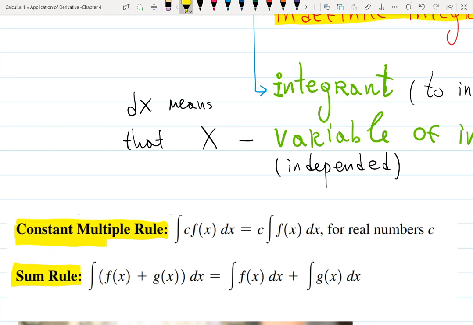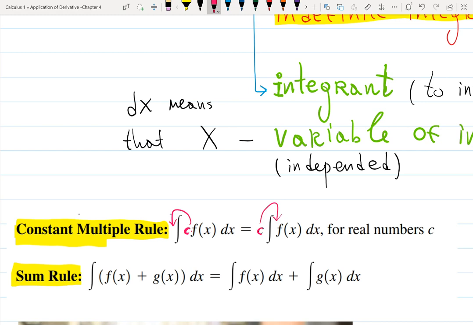Remember when we were differentiating something like 5x squared, we knew that it's going to be 5 times the derivative of x squared. Same here. If you have c times the function, c f of x dx, then c can just be kicked out of the integral, or put back if you want, for all real numbers c.